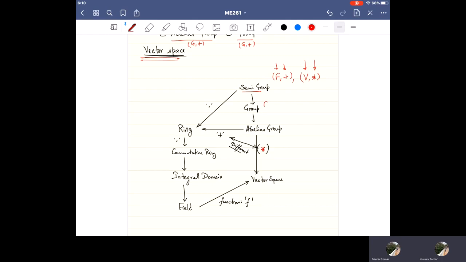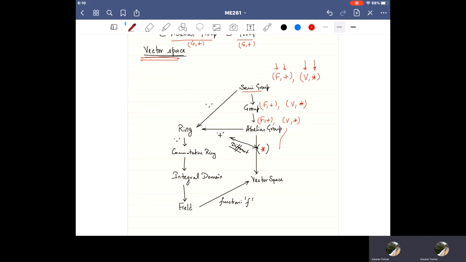Let's say F and plus form a group, and V and star also form a group. Then we say F and plus form an abelian group, and V and star also form an abelian group. Now we bifurcate here. This abelian group, we'll keep it here for a bit.